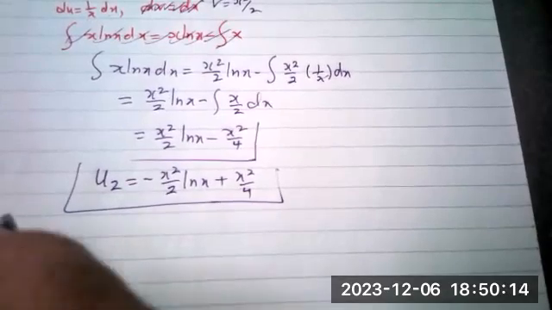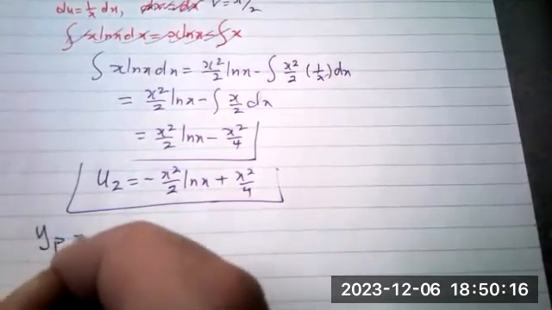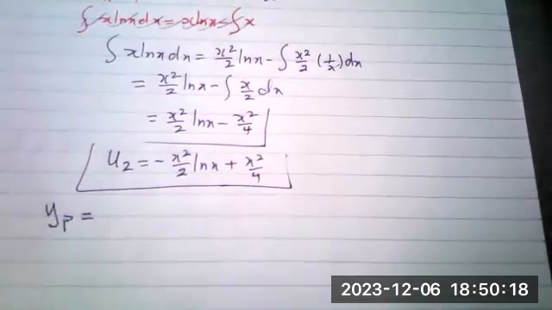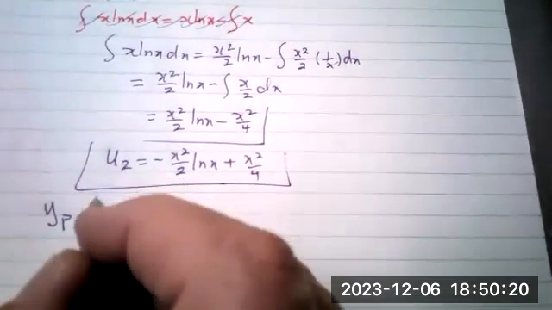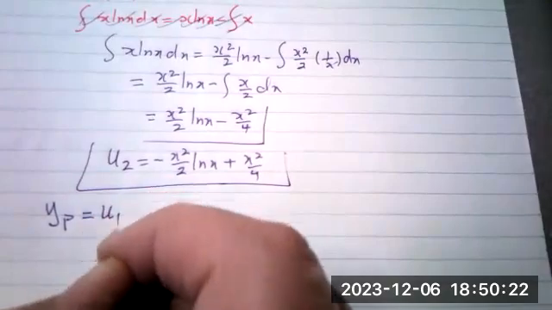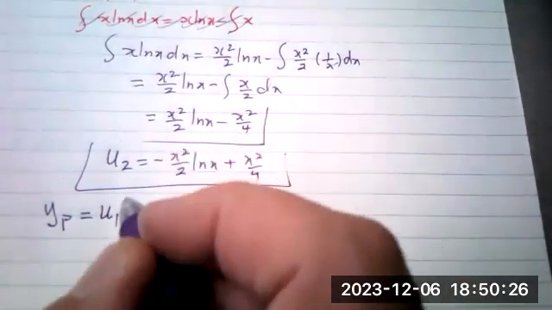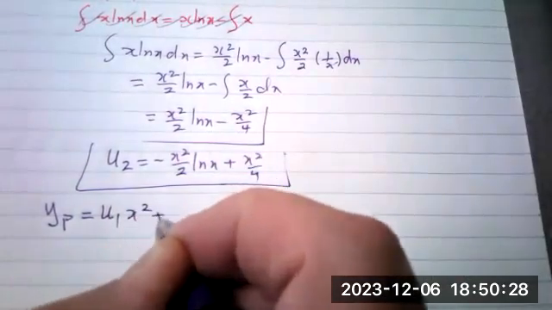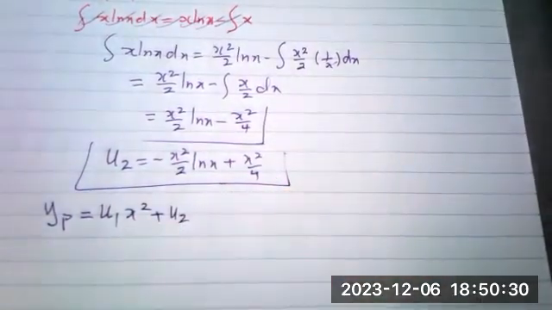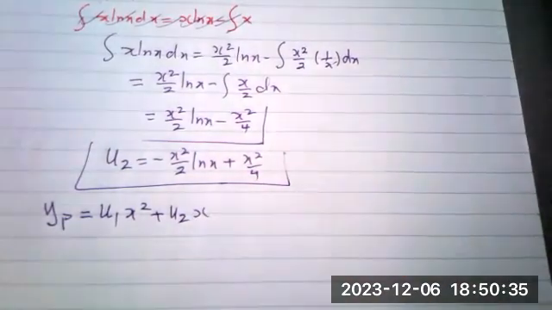You have to find the yp now. So the yp is equal to... Okay, the formula that we did have is this, is the u1. What was the y1? y1 was x squared. And the u2, what was the other one? X. Now substitute and simplify.